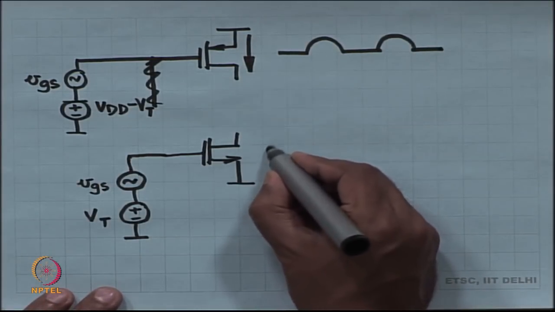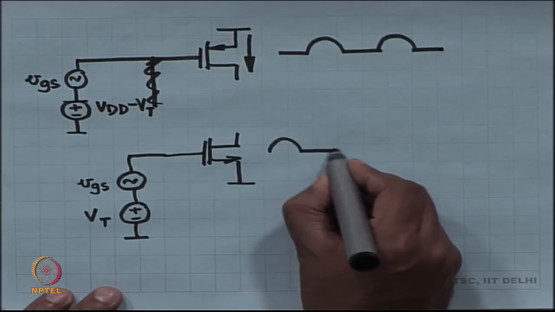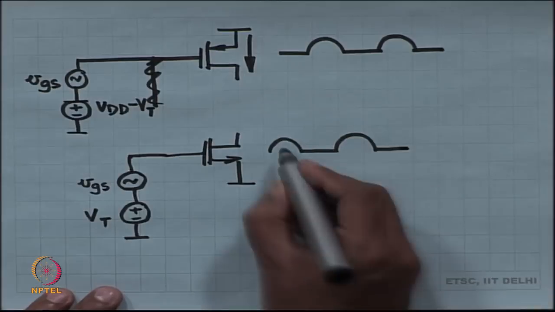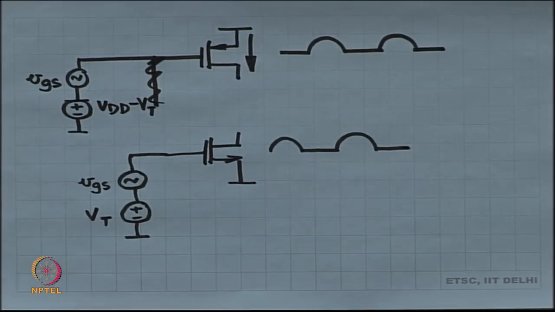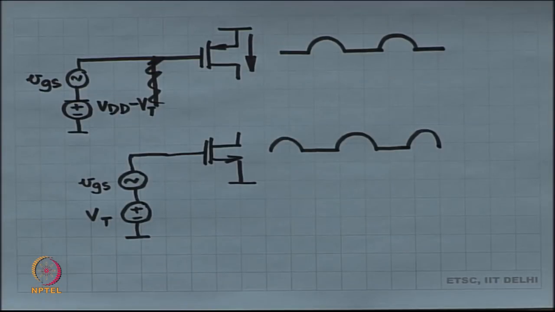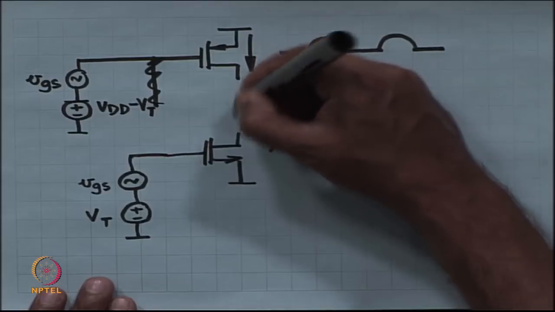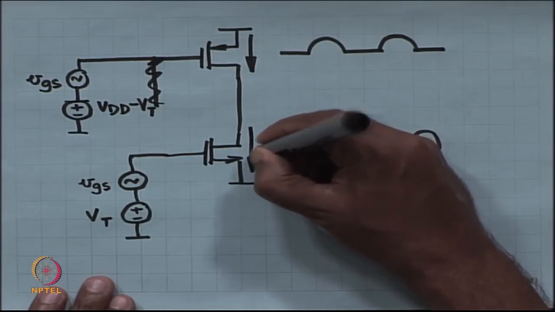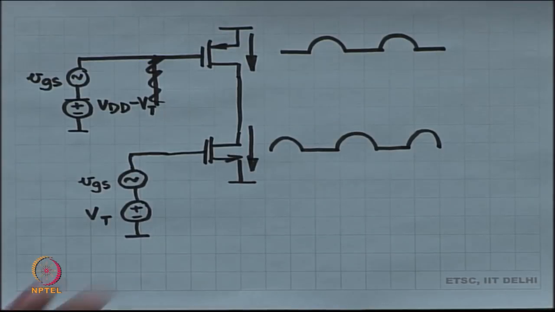The other current also has a conduction angle of 180 degrees. Fine. And then I hook them up. Okay.